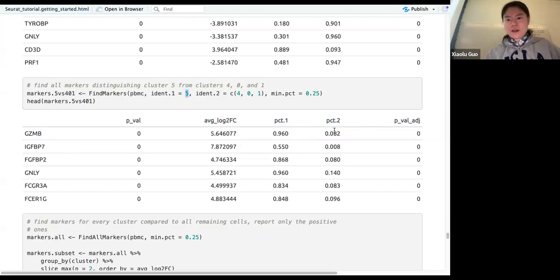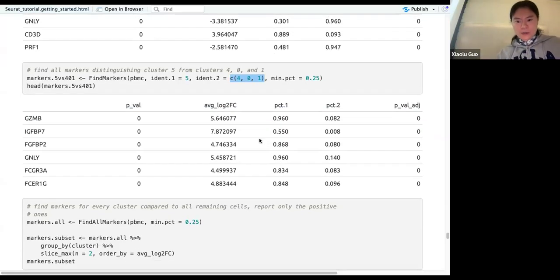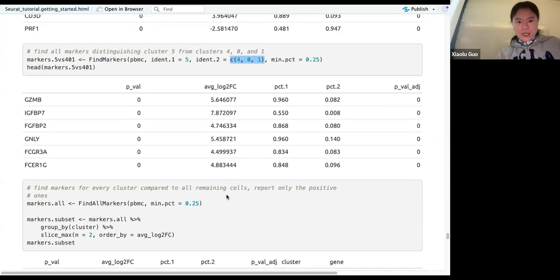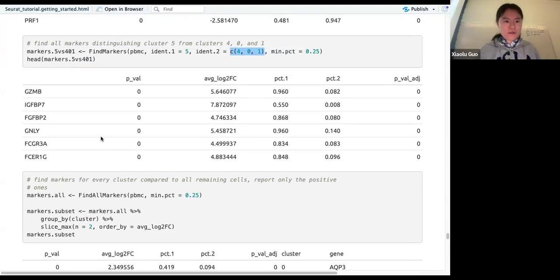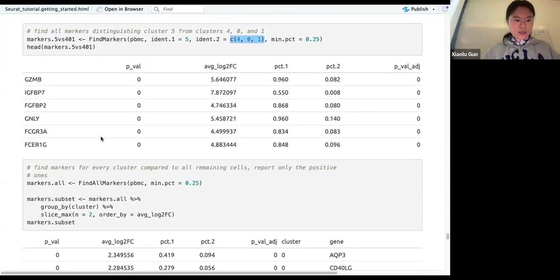The second cluster is actually a set of 3 clusters together. It expressed only 8%. And similarly for the rest.